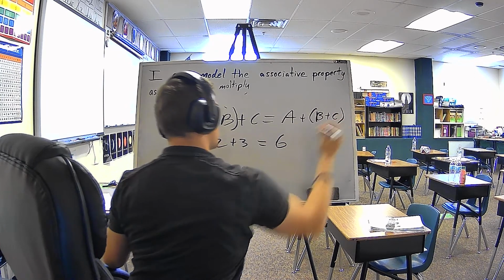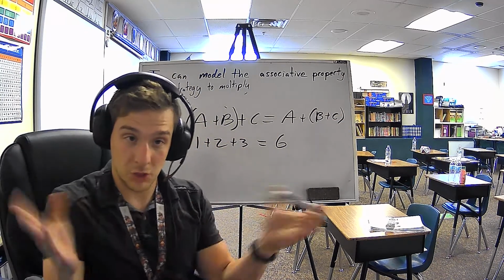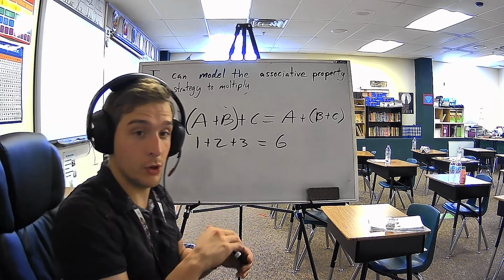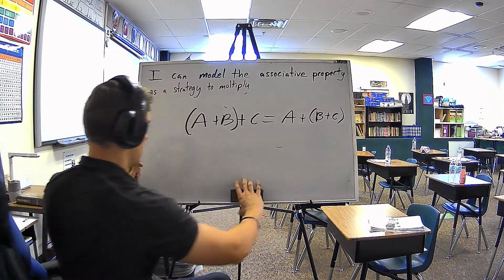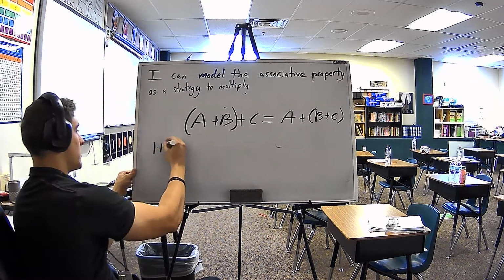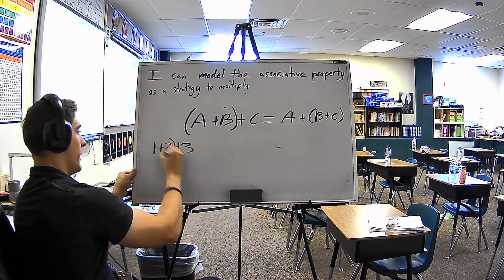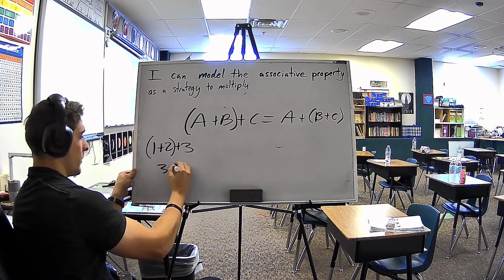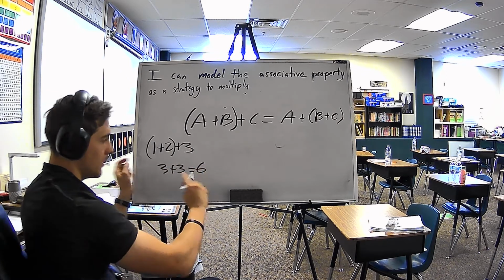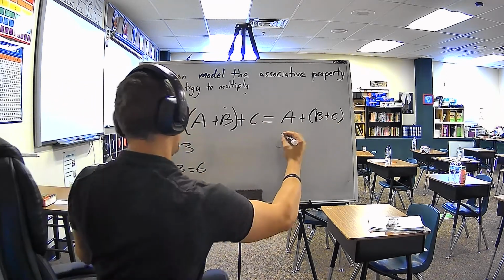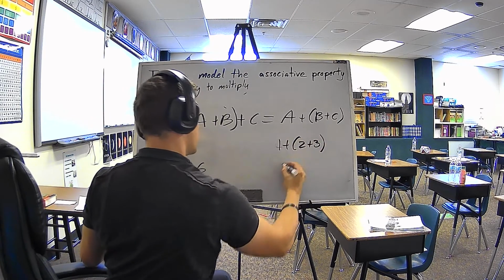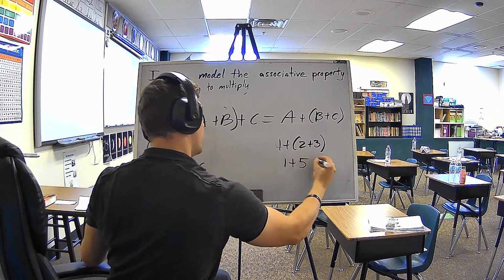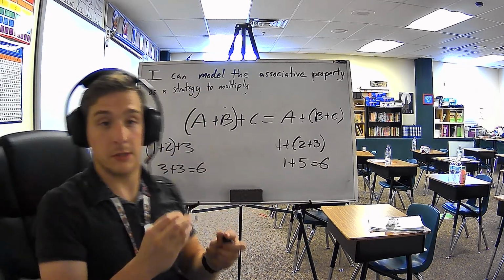And we can show that here. Example of 1 plus 2 plus 3 equals 6: if I did 1 plus 2 first, that would become 3 plus 3, which equals 6. Well, if I were to go on this other side, say 1 plus (2 plus 3), this would become 1 plus 5, which is still 6.